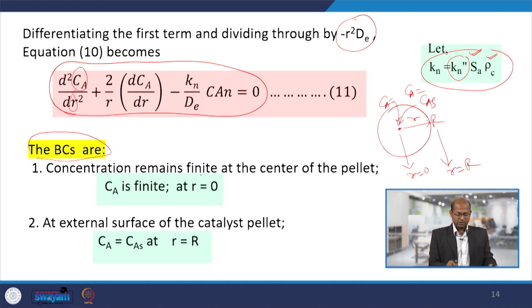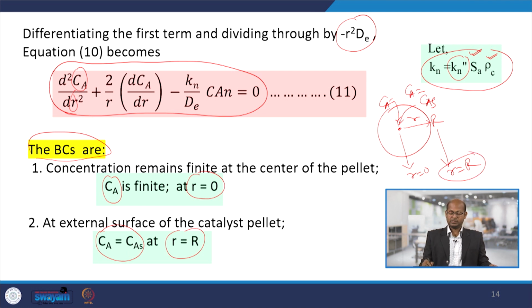So the boundary conditions: at r equals 0, that is the center, C is finite, meaning some value would be there. When r equals R, the concentration of A would be the surface concentration. And when r equals 0, at the center of that particle, the concentration may be any finite value. These are the boundary conditions.